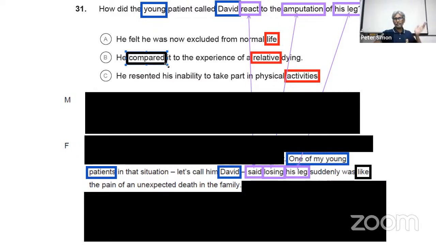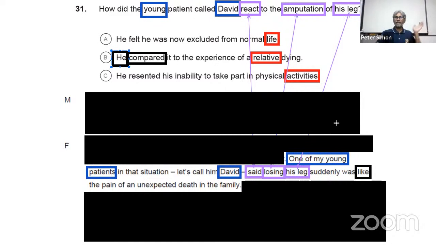David said, who is he? He is David. Compared. It means losing his leg suddenly, amputation of his leg.